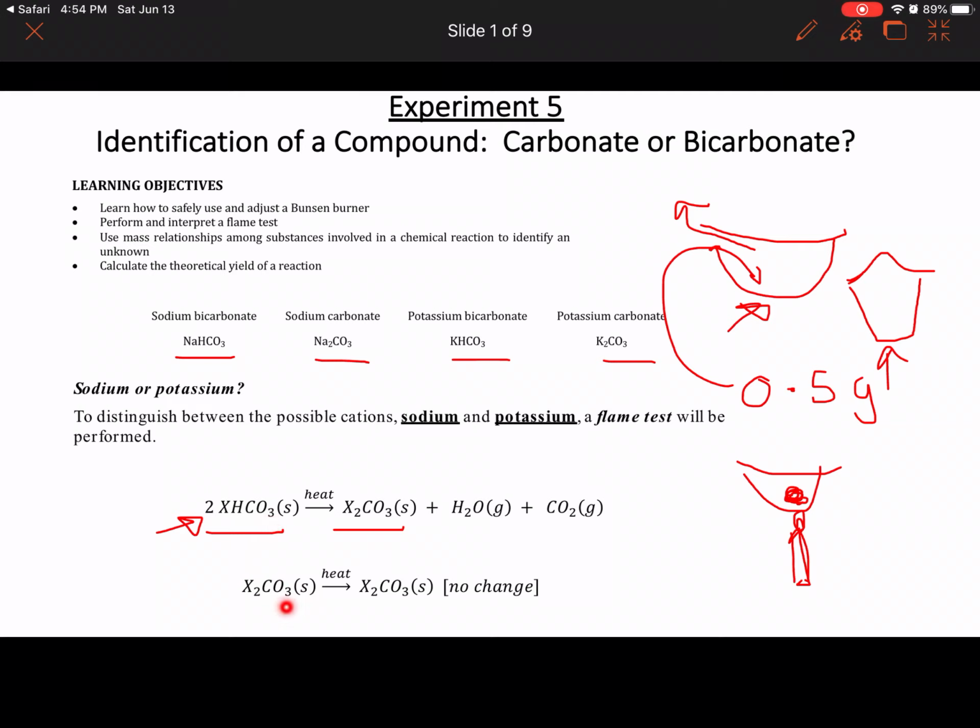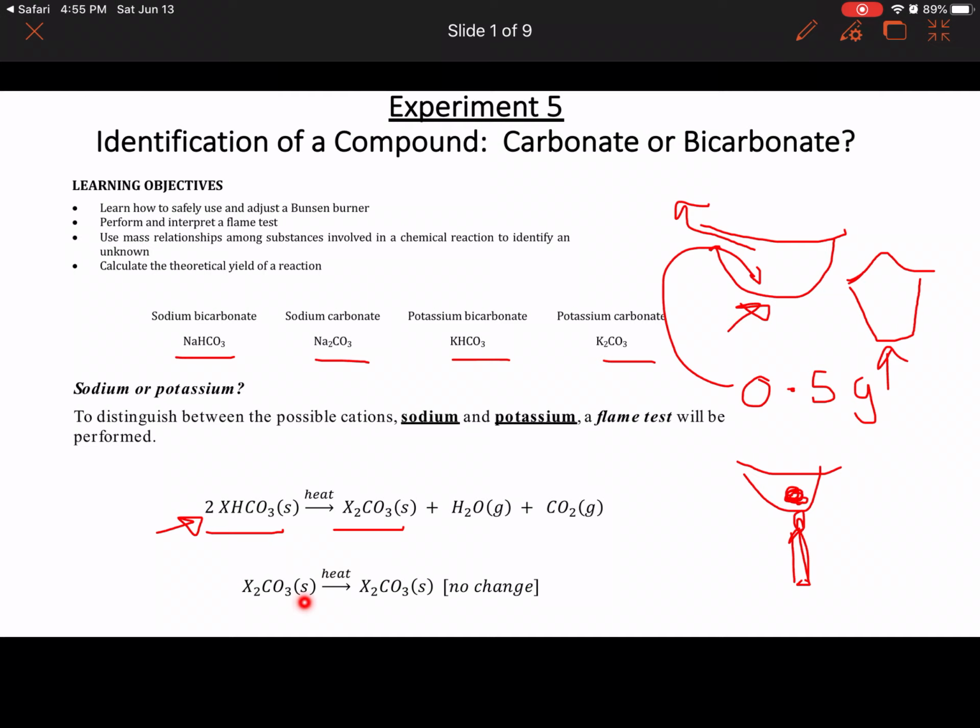If you have a carbonate also, you will see a certain amount of mass loss that could be below 25%, but that mass loss is due to any water that absorbed due to the moisture in the environment, or some unknown gaseous compounds that stuck inside the metal carbonate. So those things can get evaporated due to the high heat. So that's why you would see some mass loss for the metal carbonate. Okay, so everybody understand the reason that we are doing the first heating is to identify whether we have a hydrogen carbonate or a metal carbonate.